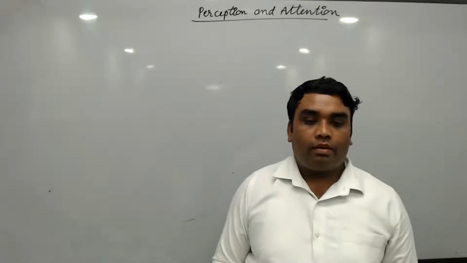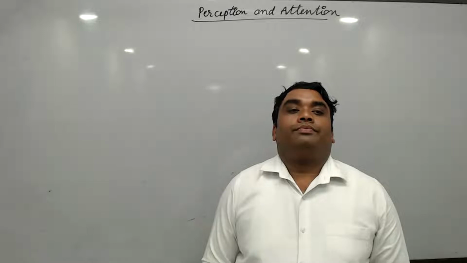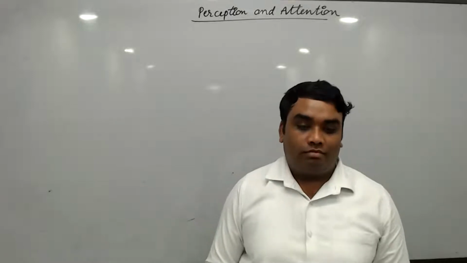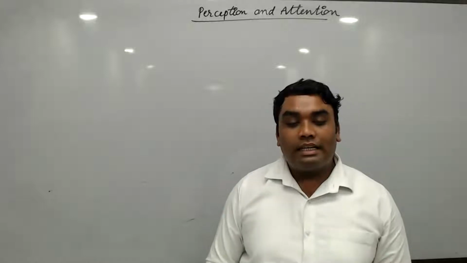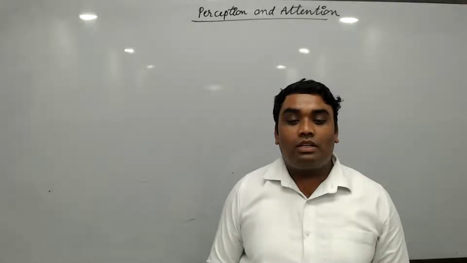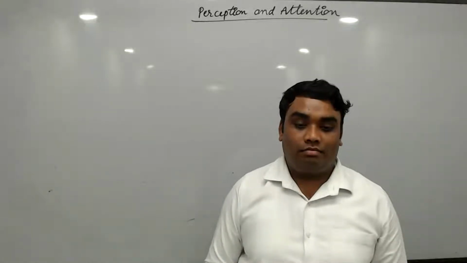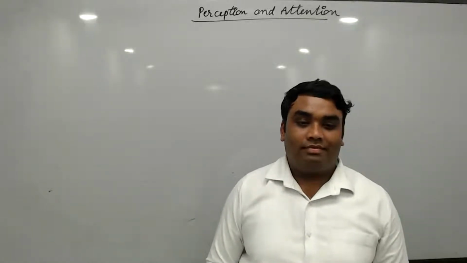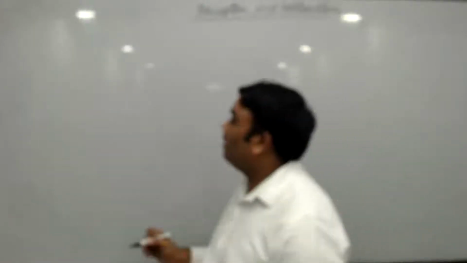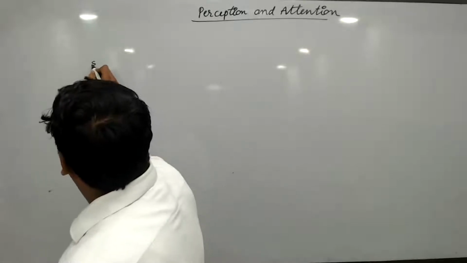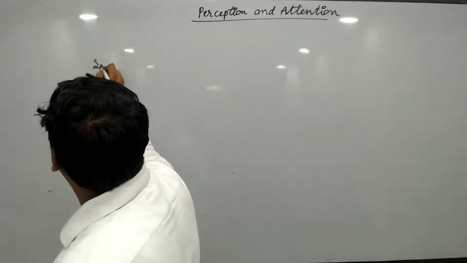What is the main reason perception is created in the human body? Sensation. The main reason for perception is sensation. As I told in one class, first we have the sense organ.